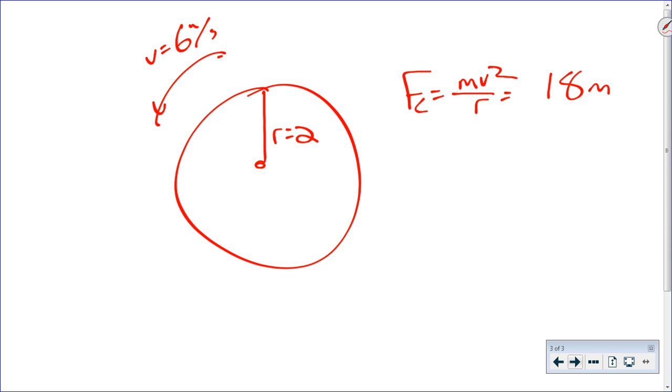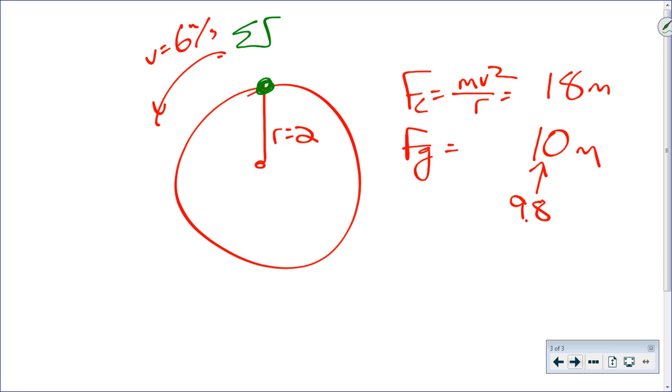Good? What's my force of gravity? mg, so 9.8m, right? For simplicity, let's just call it 10m. Is that cool? Sure. All right, so does everybody understand the deal? All right, so when we're up here at the top, here's what I know. I know that my net force has got to be what? 18m directed toward the center, right?